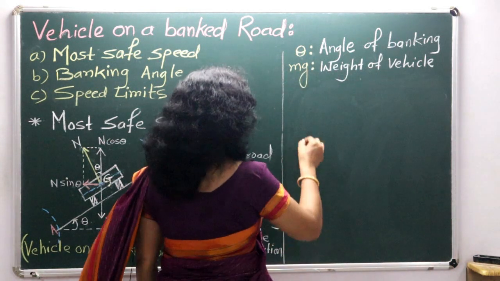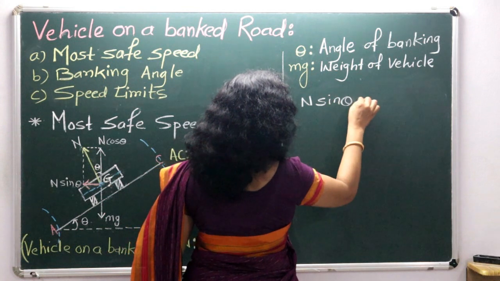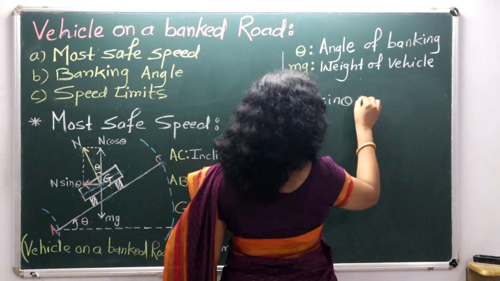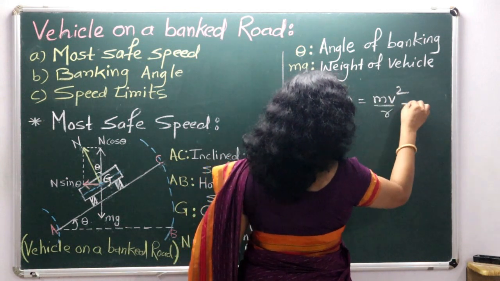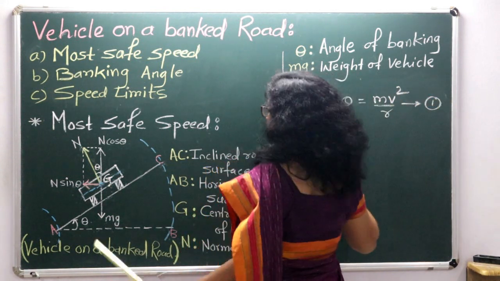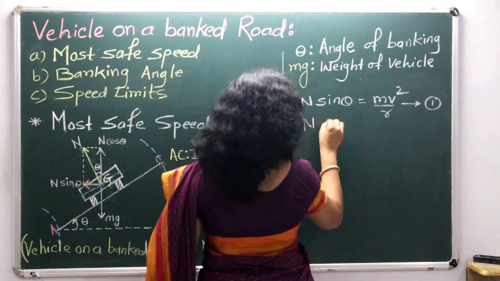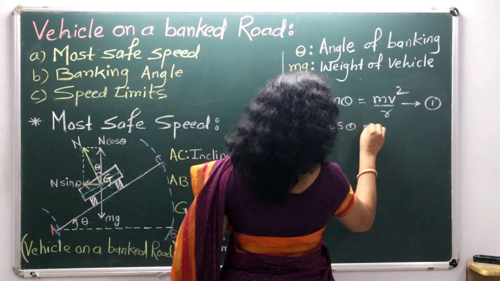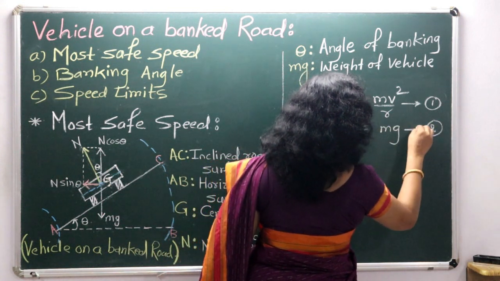Now we can write N sin theta is equal to centripetal force, that is mv square upon r, that is equation first, and this N cos theta equal to mg, that is equation number second here.